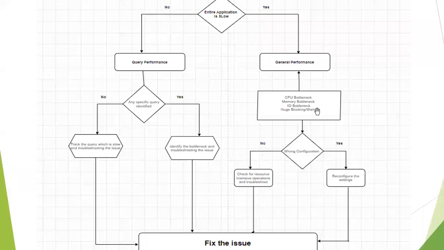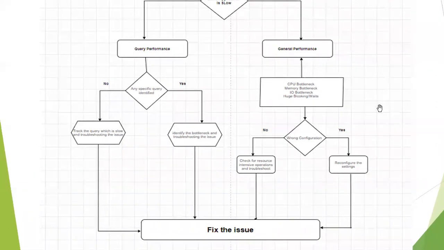IO is basically when there is a high number of reads or writes happening. There are some points we need to consider to troubleshoot, which I will explain in detail. Or if there is any blocking or any wait types. We will discuss all these areas in more detail.